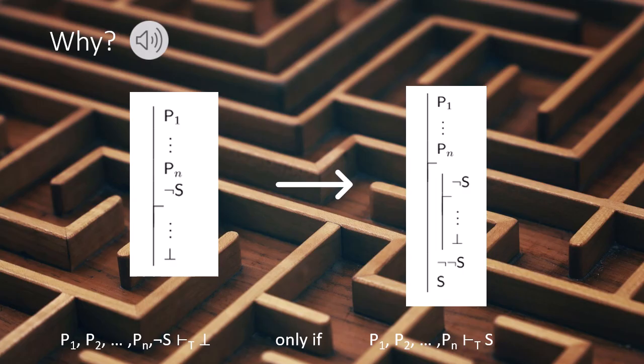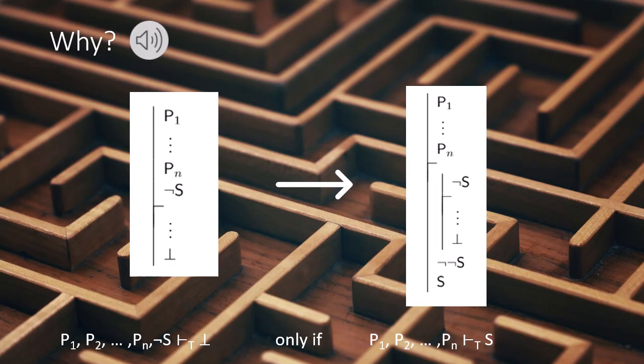In other words, in our Fitch format, P1 through Pn and the negation of S would be above the Fitch bar. And then eventually, after some number of steps, and it may be lots and lots of steps here, we come to the conclusion that we have a contradiction. And all we've used are our introduction and elimination rules for our various truth functional connectives.